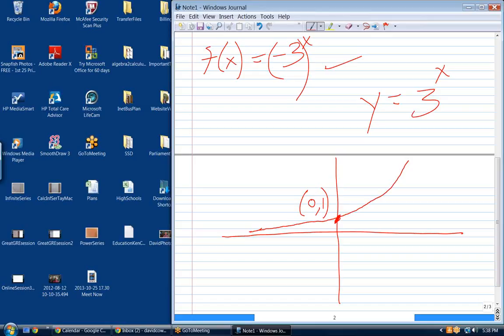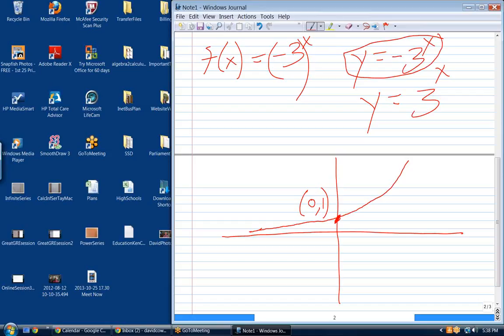To reflect on the y-axis, we would need the negative sign in front of the x. In other words, if I had y equals 3 to the negative x, that would be a reflection about the y-axis. If I had y equals minus 3 to the x, that's a reflection about the x-axis.